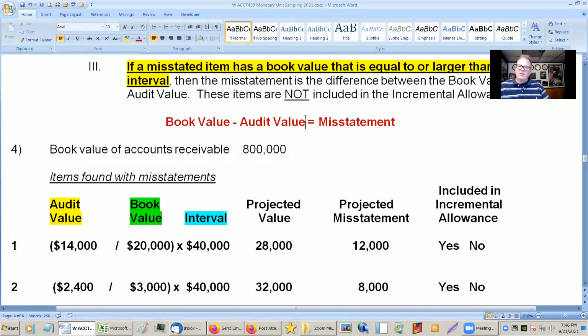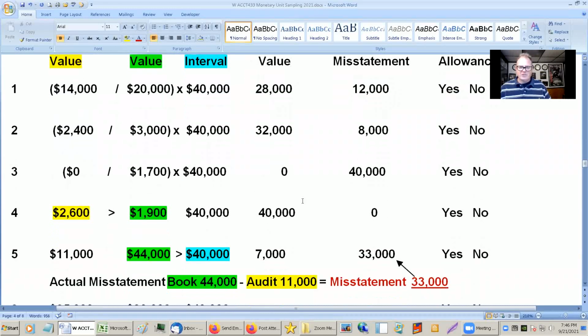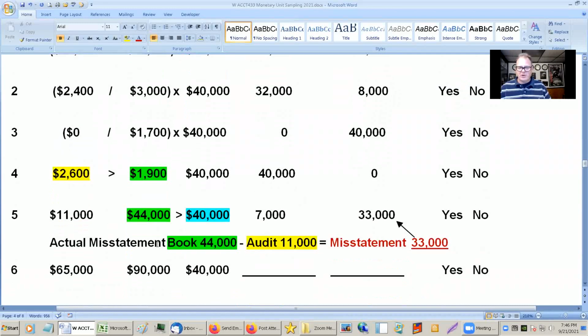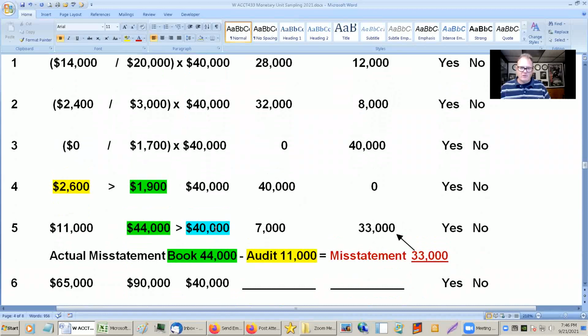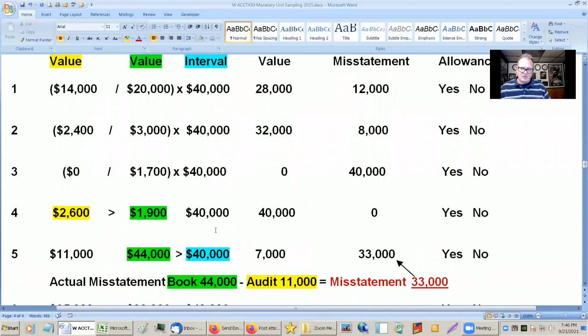It is quirky. Now, it's 100% sure it'll be picked. So they were 100% sure they were going to catch this one. Anything over $40,000, 100% chance it's going to get picked. I'll go into this in a little more detail in a second, but this is the misstatement. When you find one that's bigger than the interval, you stop and say, we're not going to do a ratio.